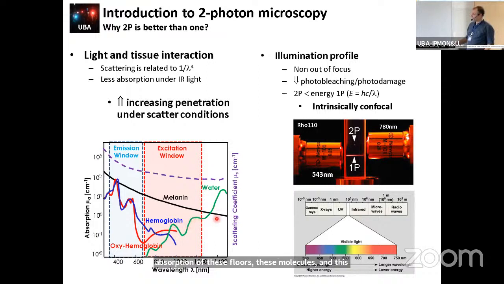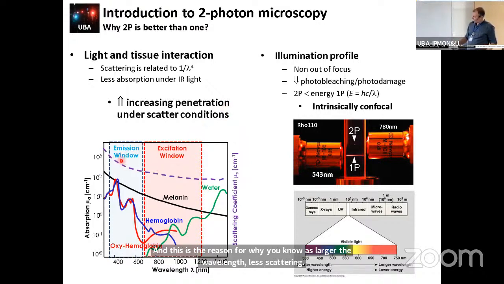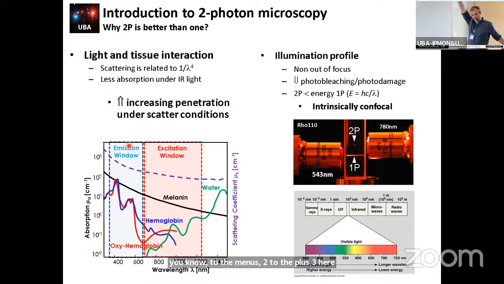And the other important thing is the dependence of the scattering coefficient, which is on the power of 4, and this is the reason why, the larger the wavelength, the less scattering. I want to make a point here. This may not look like a big change, but this is a logarithmic scale, and we are going from 10 to the -2 to 10 to the plus 3 here, so these are really huge changes in the scattering and absorption.